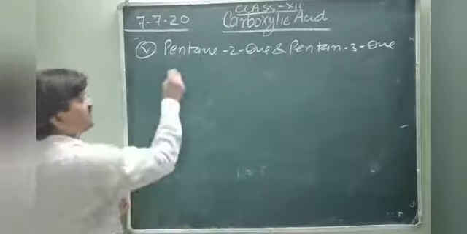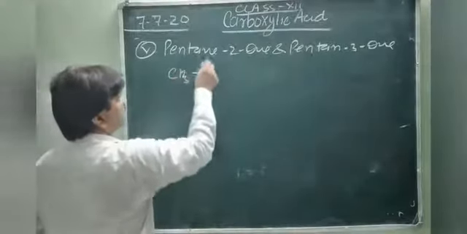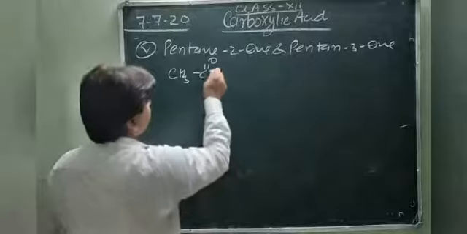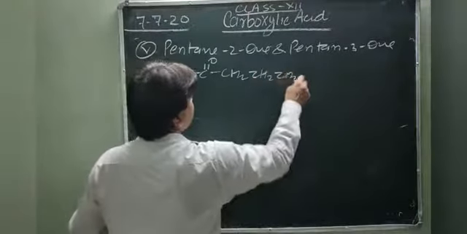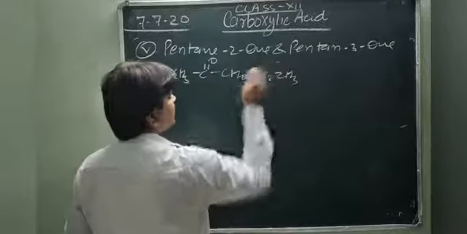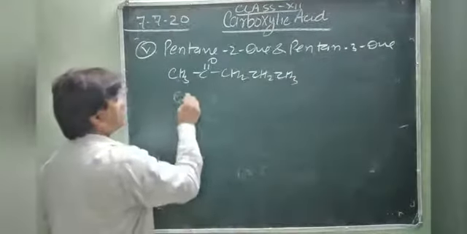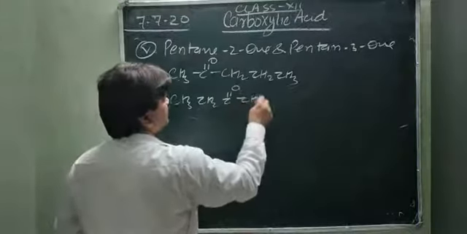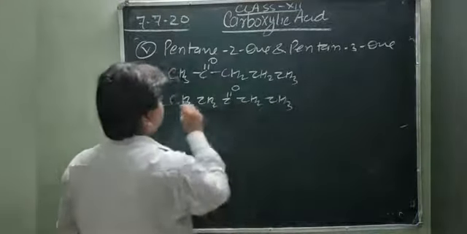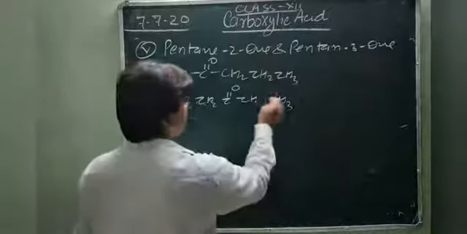Pentan-2-one is CH3COCH2CH2CH3, 1, 2, 3, 4, 5. And the other is CH3CH2COCH2CH3, also 1, 2, 3, 4, 5.